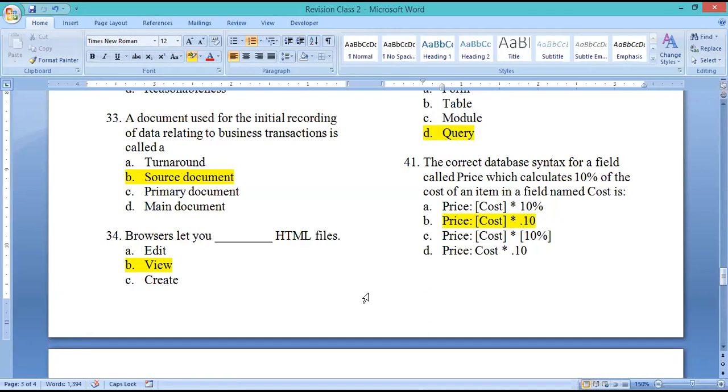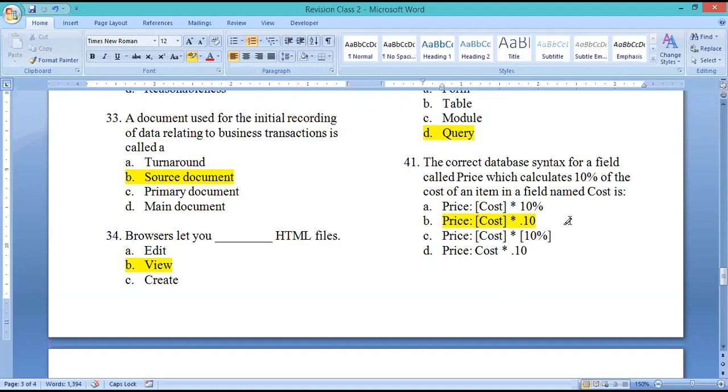D is completely out because it doesn't have any square brackets and it must have square brackets. So we know it's between the other three. However, when you're doing calculations in a database, you don't put square brackets around the numbers at all.